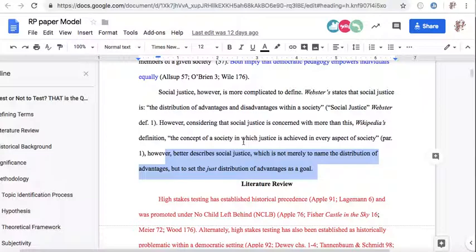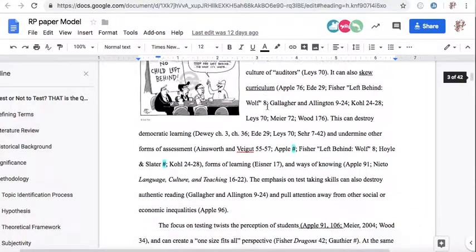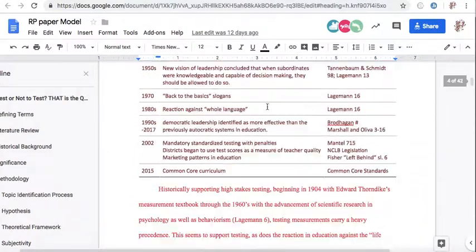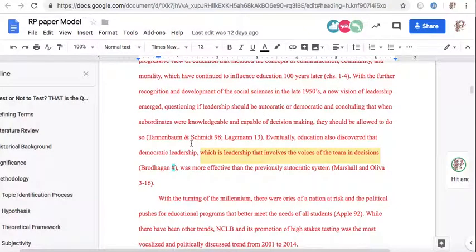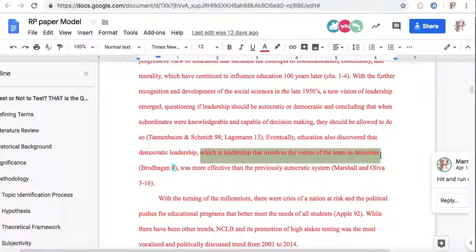There are two other ways that you can also insert a definition. One is what I call a hit and run definition, where you've given the term, here it's democratic leadership, and then I've quickly, in less than a sentence, given a quick explanation.